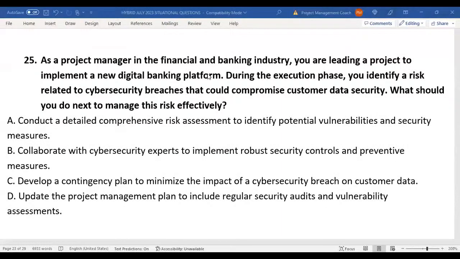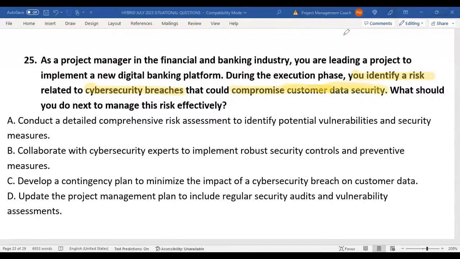All right, so let's examine the question. I'll point out a few things by using the highlighter. As a project manager in the financial and banking industry, you are leading a project to implement a new digital banking platform. During execution, you identify risk related to cybersecurity breaches that could compromise customer data security.